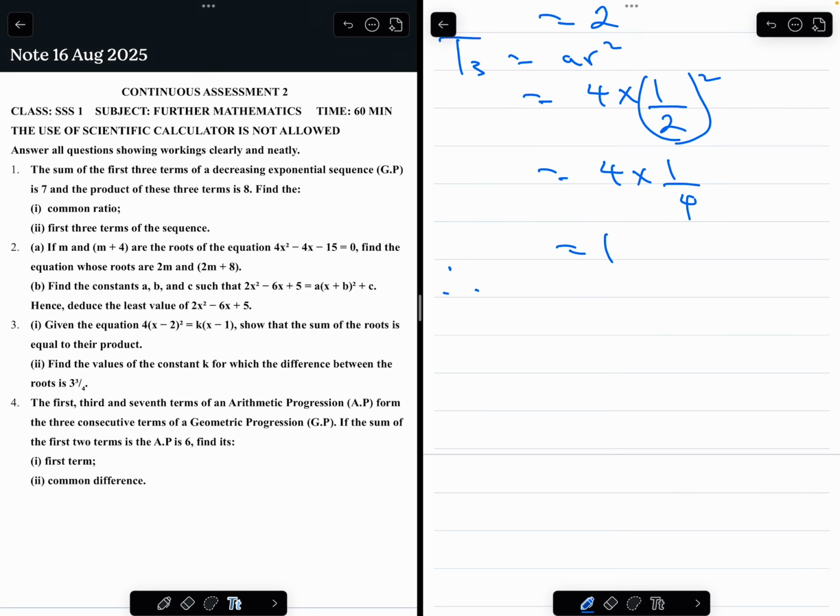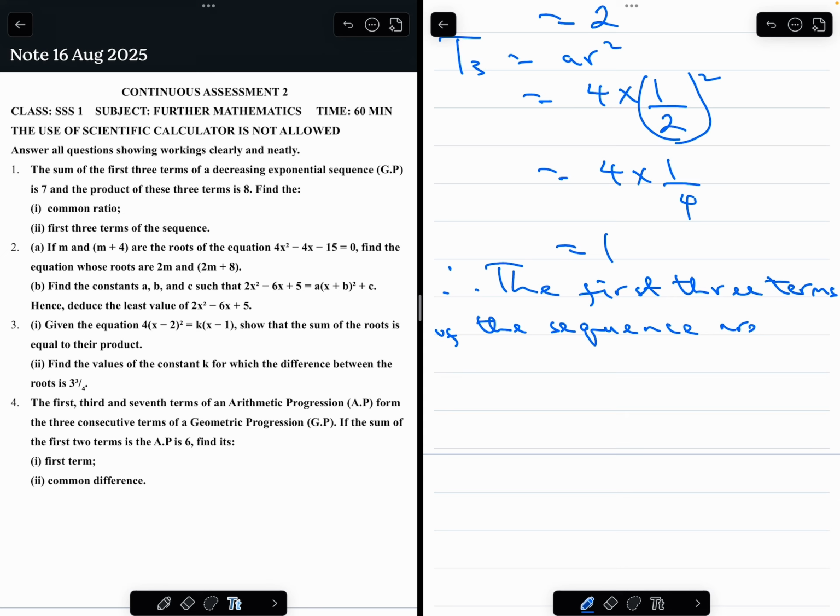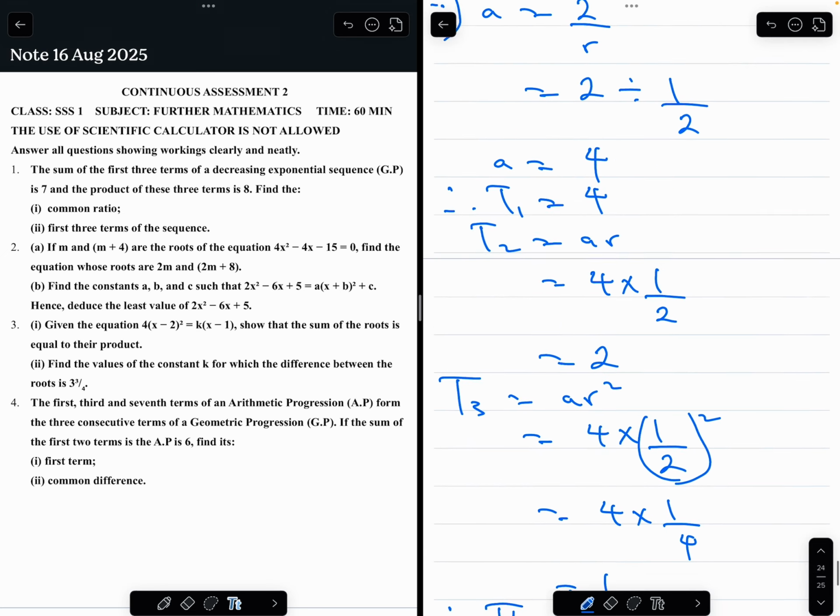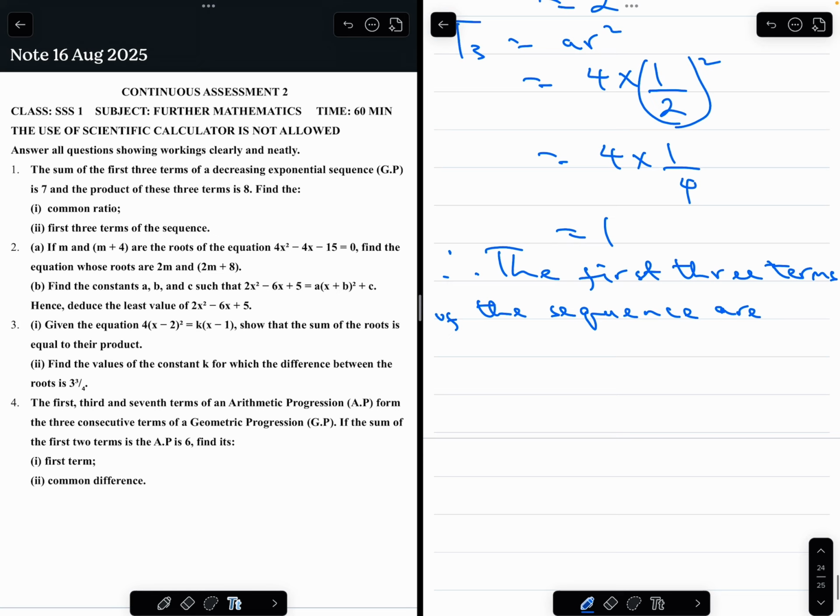Therefore, the first 3 terms of the sequence are 4, 2, and 1.